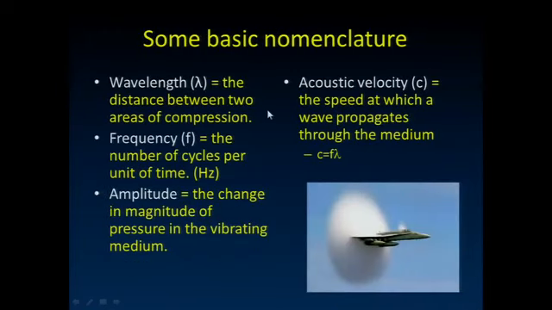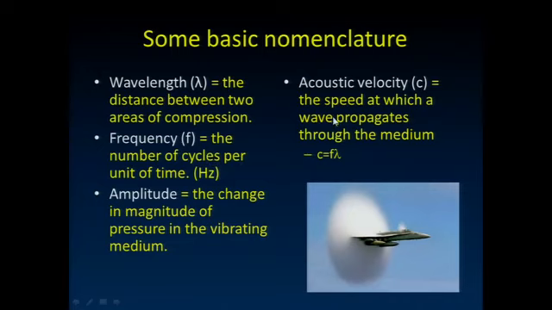So some basic nomenclature. We're already familiar with these because we've talked about waves when we were talking about the electromagnetic spectrum, but the wavelength is the distance between two areas of compression, or if you will, between two areas of rarefaction. The frequency is the number of cycles we've got per unit time.